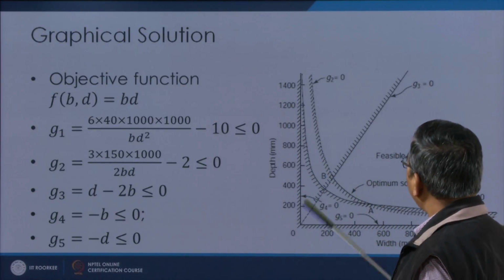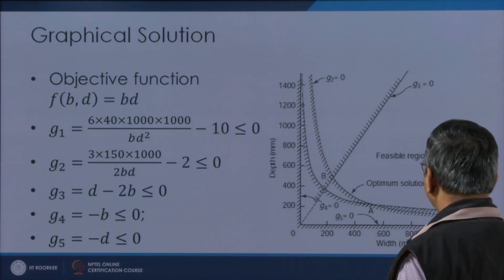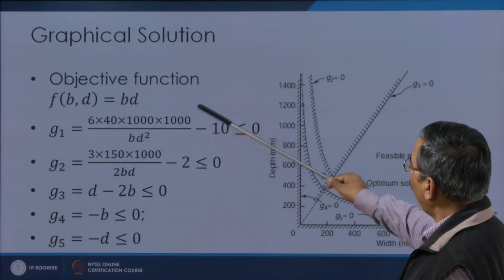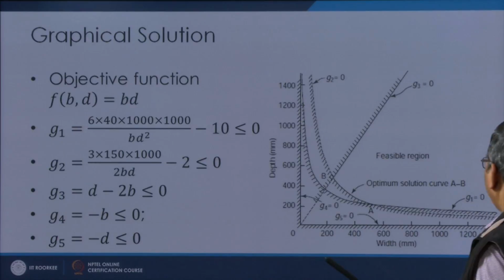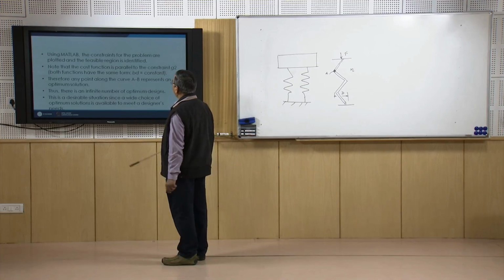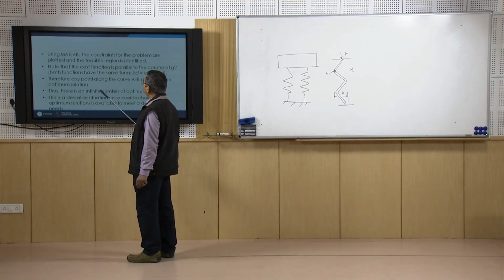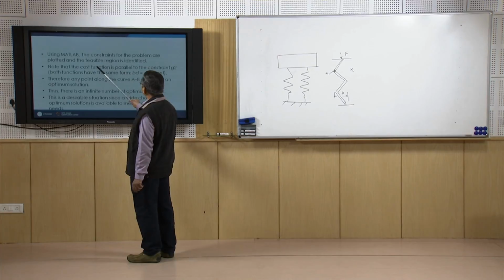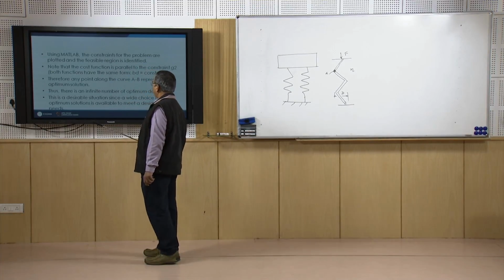That is why you are seeing this hatching. This is how we plot all the constraints, either manually or with the help of software, say MATLAB, and the feasible region is identified.